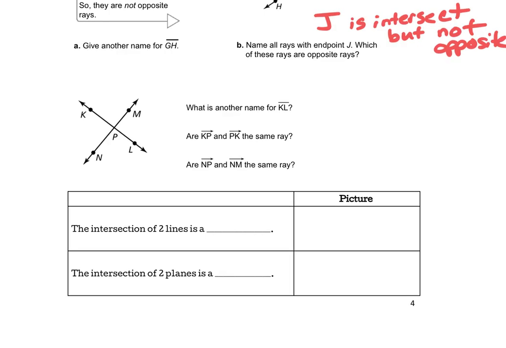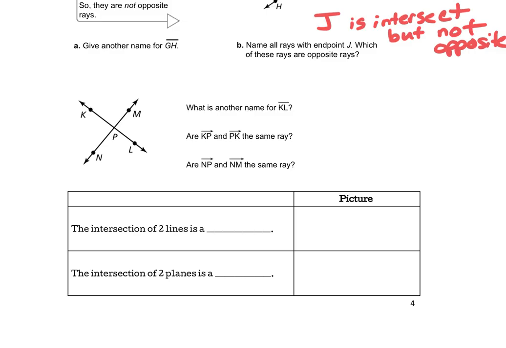All right, here we go. Give me another name. First of all, how do we read this right here? Okay, except we don't want to use the word line because what do we not have? If it's a line, what's the figure going to do? What does a line do? It goes on forever, right? So this doesn't have any arrows on it. So what are we going to call this? Segment. Yeah, it's going to stop at those two points, okay? That's really, really important, okay?